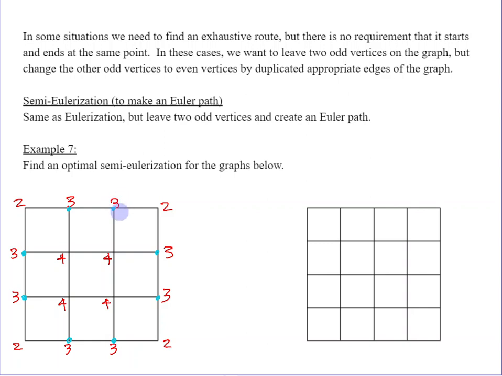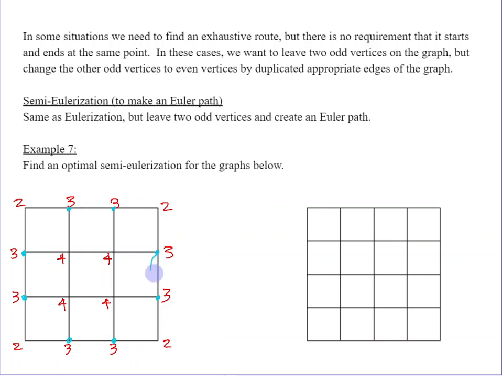Well, if I say, I'm going to connect these 2, connect these 2, connect these 2, and I'm left with 2 odd ones. Well, I added 1, 2, 3, 4, 5, 6 extra edges. I can do better than that and save myself some money.